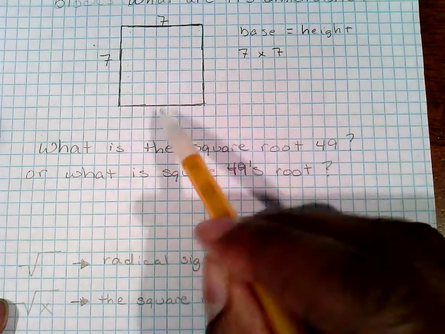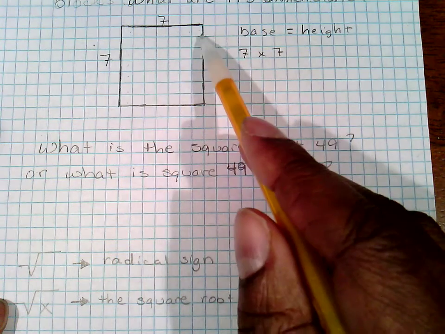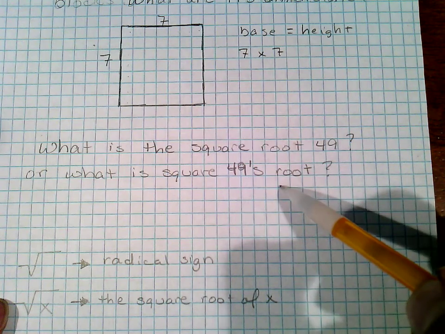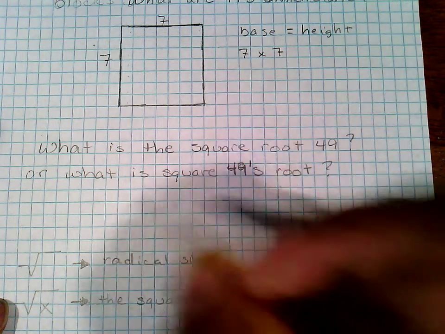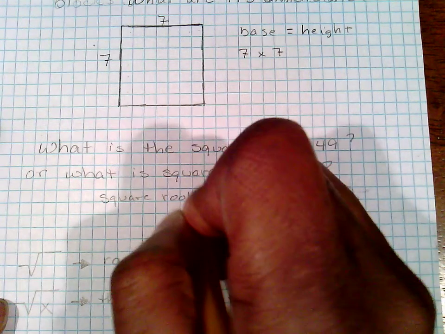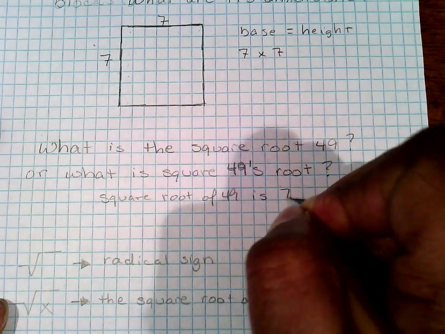Since it took 7 high and 7 wide to create the square, then 49's root, the square root of 49, is 7.